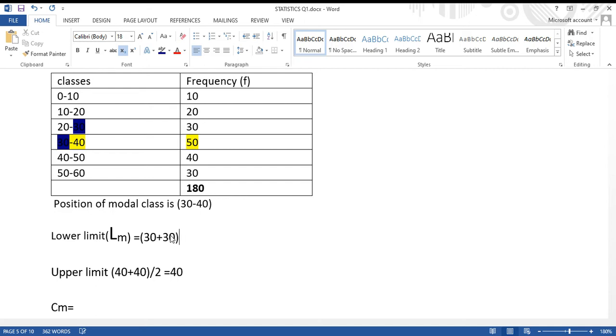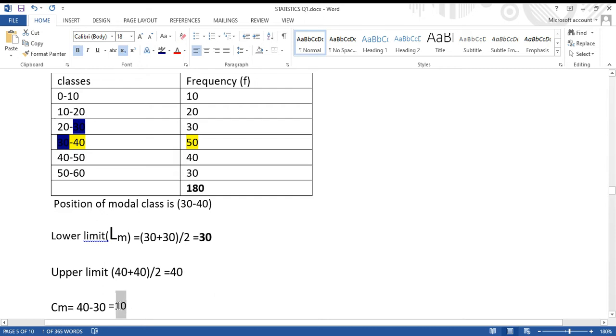In this case, it's very easy to determine our class width. Class width is the upper limit minus the lower limit. 40 minus 30, that equals 10. So that's our class width. What other data do we need?